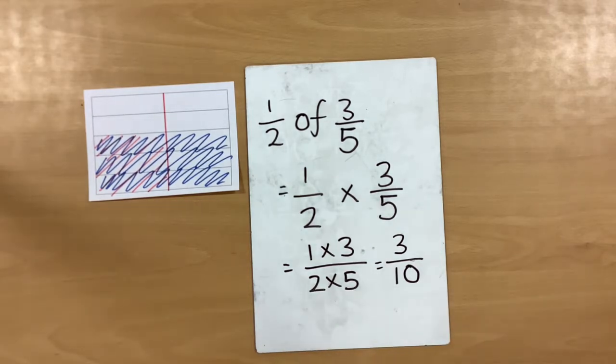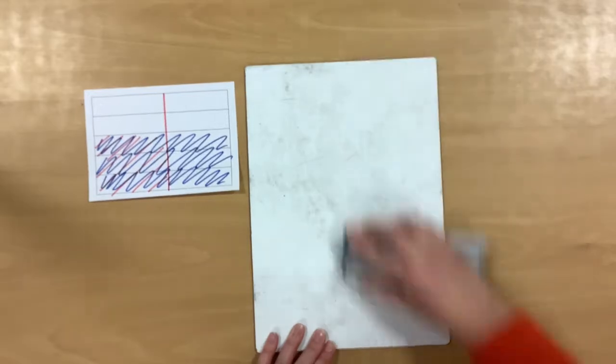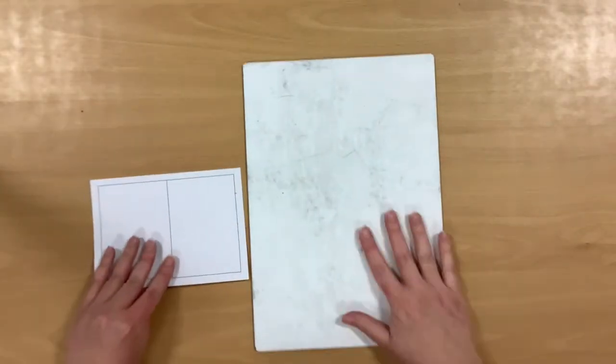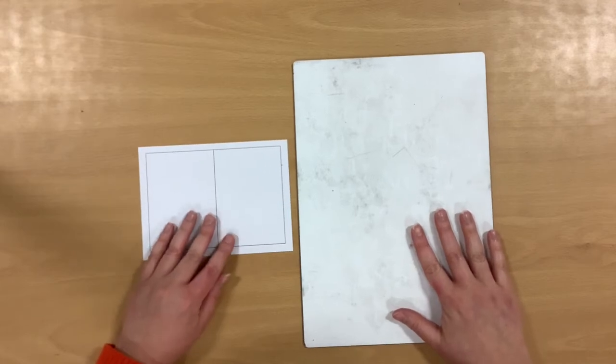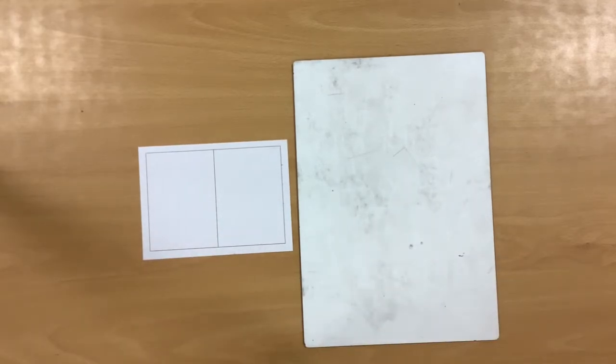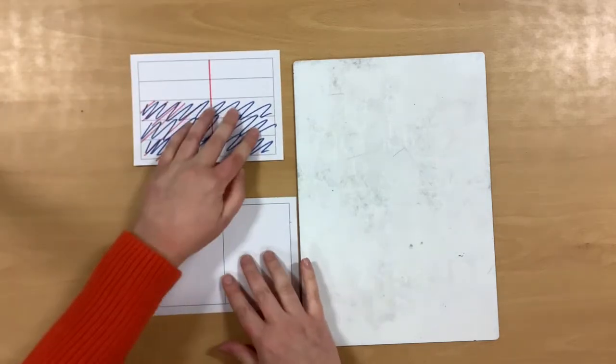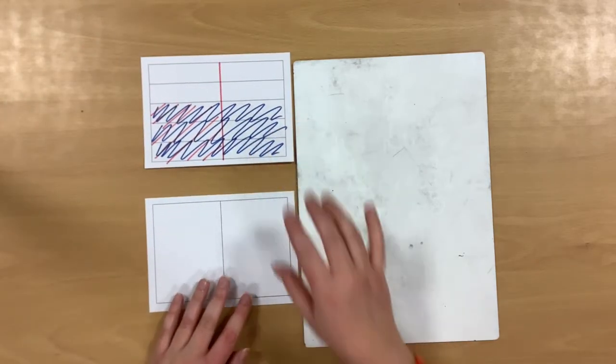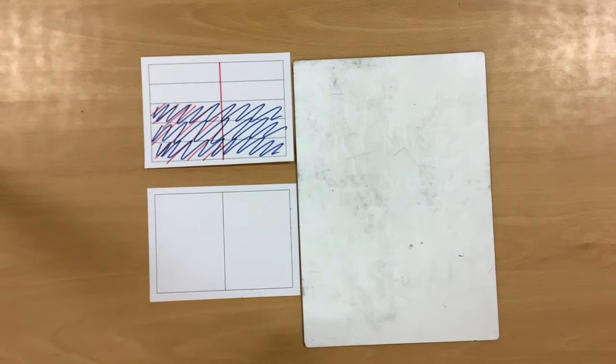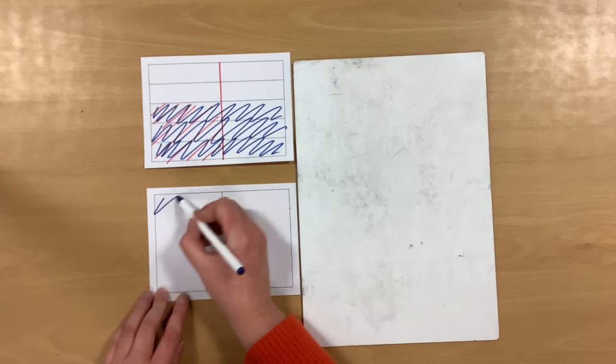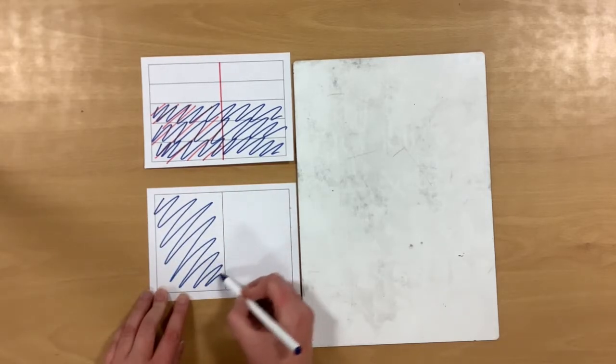Let's have a look at another one with a model. This time we've got Jack, and Jack draws an identical rectangle, the same one as Ella, and he shades in half of it in blue. I'm just going to shade in half.